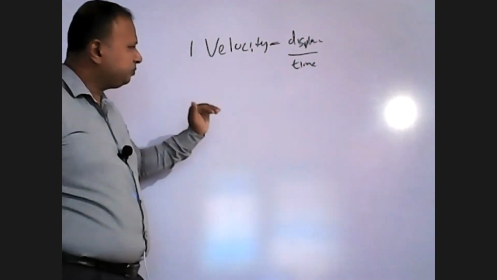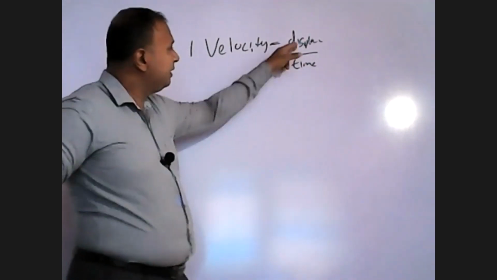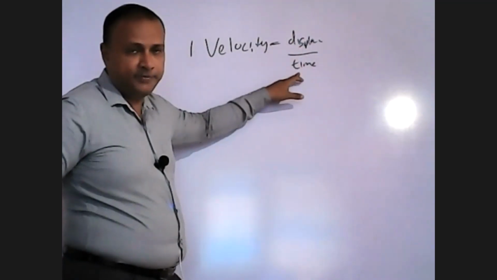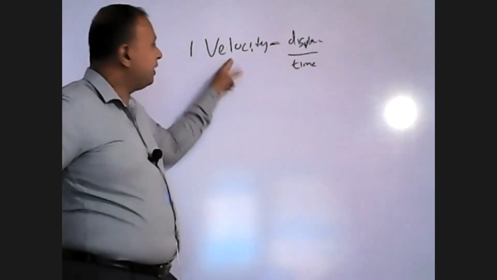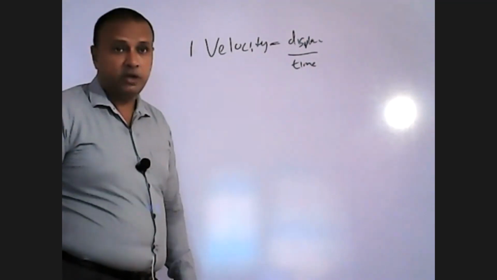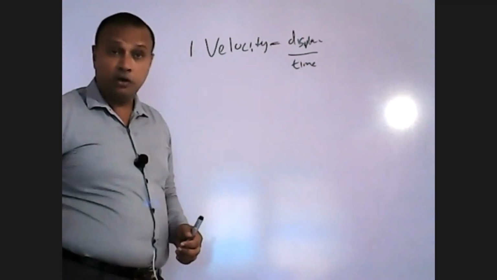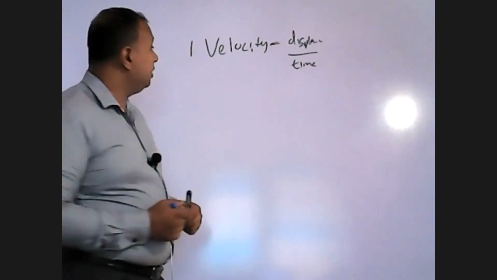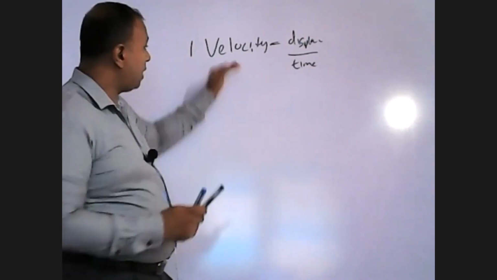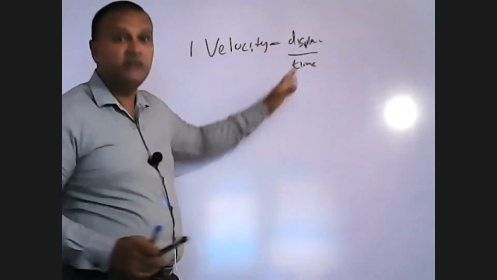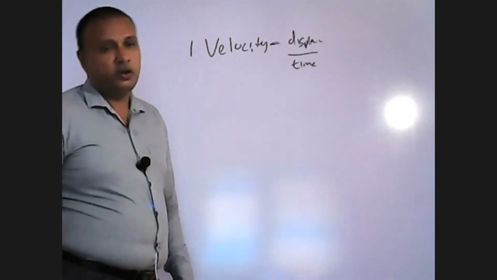After that, we can assign the dimensions of basic physical quantities here. Then we can determine the dimensions of the derived physical quantity. As an example, if we want to derive the dimension of velocity, first we have to write an equation defining the velocity.